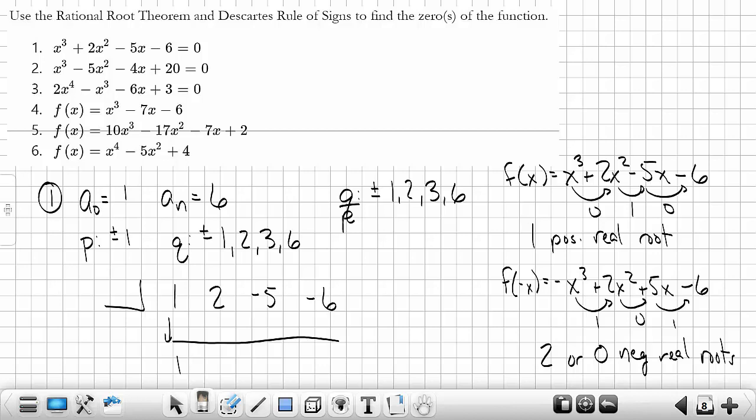So let's see here. Let's do 2. 2 is going to work. We have 2, 4, 8, 3, 6. Nothing's left over. So now we have 1, 4, and 3. So x equals 2 is one root.